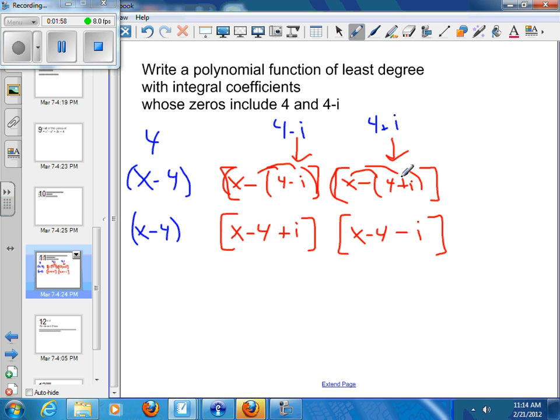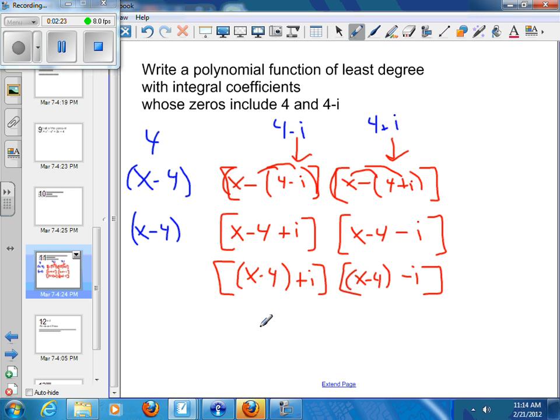Again, I'm just distributing that negative sign in here, but it makes it go towards something I'm better able to work with. And then I'm going to write it a little bit clearer for you. I'm going to take this x minus 4 and write it by itself. Write the x minus 4 again by itself.